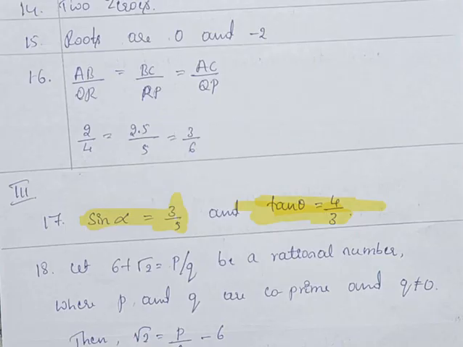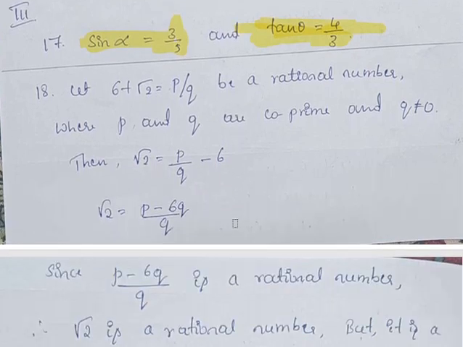Okay, I'll discuss how to consider it in a simple way. Let us consider 6 plus root 2 to be a rational number. Just imagine it is a rational number.